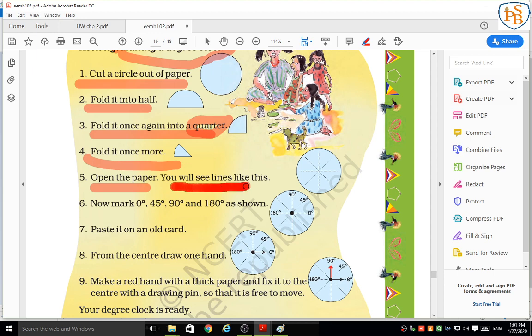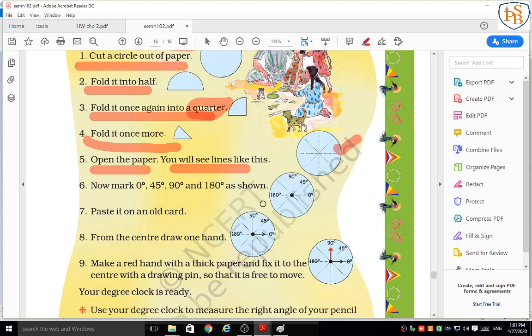You will see the lines like this. Correct? First you get half, again half, then quarter, again quarter. So you will get lines like this. Now just mark the points, 0 degree, 45 degree, 90 degree and 180 degree as shown over here. 0 degree, correct, 45.